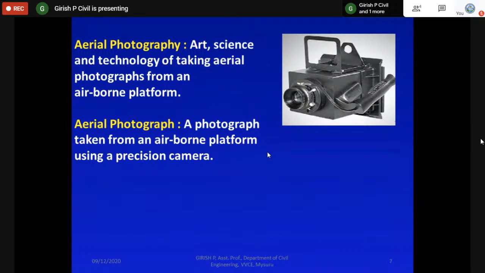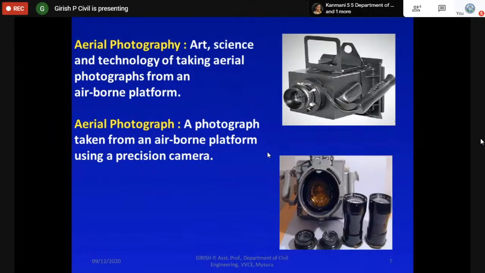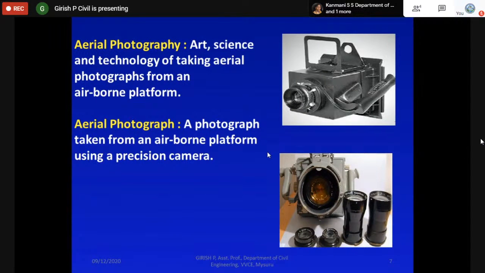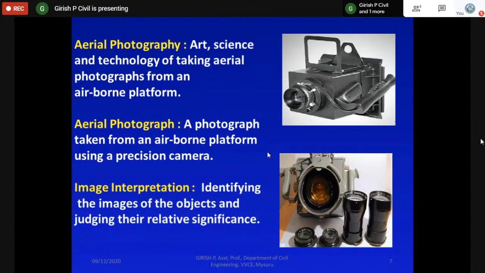On another end, there are the images of the camera. We are well aware of the varieties of precision cameras. Most of the time, photographers frequently use advanced cameras to collect data or capture images. Another important terminology in the study of aerial photographs is image interpretation.